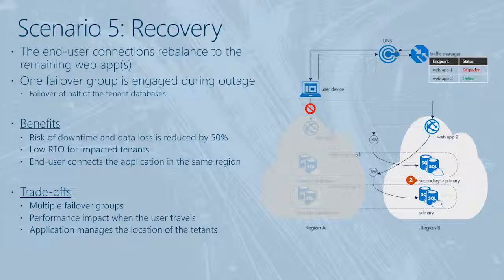failover groups. You cannot fail over everything at once, because you fail over only a portion of your databases, and the failover group defines the scope of the failover. Performance is impacted when you travel, because you're leaving your home region. If you're in Europe, your performance will suffer a bit. You will see that as a consequence of your relocation as an end user.